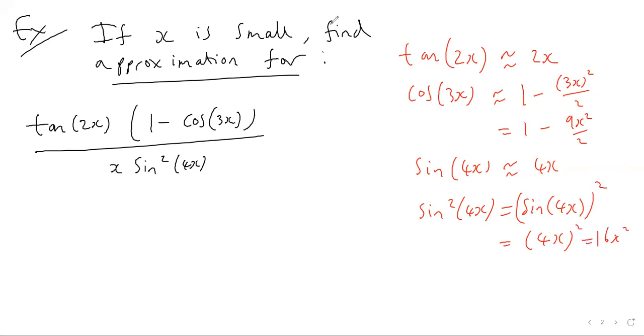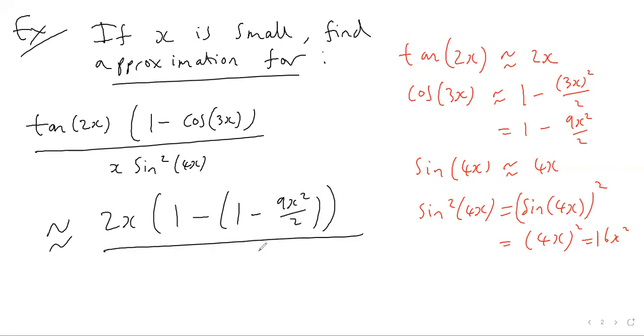Okay, so now we can plug these all into our fraction. Tan 2x becomes approximately 2x, and then times 1 minus the cos 3x approximation, so 1 minus 9x squared over 2 in brackets, divided by x times this 16x squared.